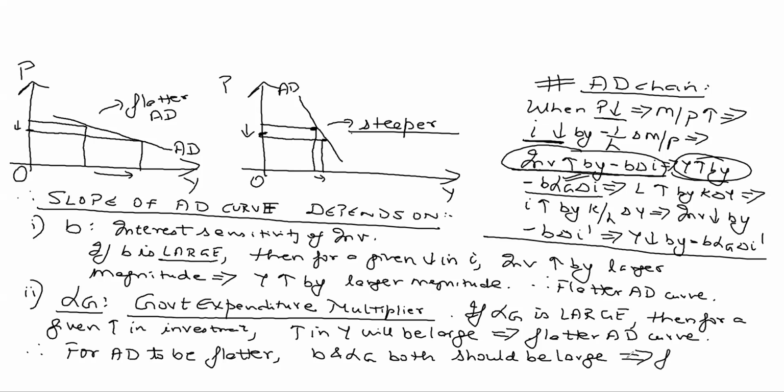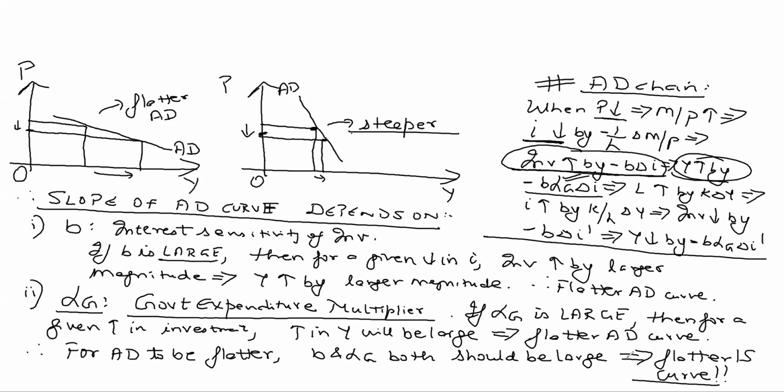This implies a flatter IS curve. Remember, for the IS curve to be flat, B and alpha G both should be large, something we had done in the Keynesian economy lectures. So for the AD curve to be flatter, the IS curve should be flatter. That means B and alpha G should be large.